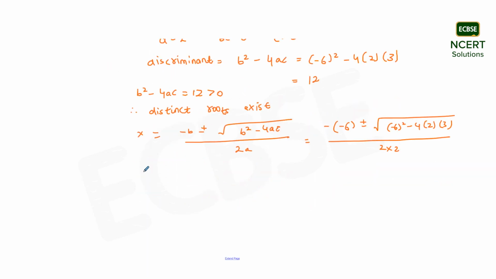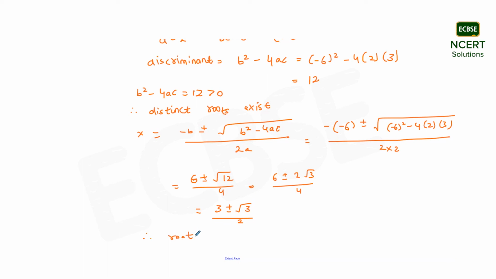So if we solve this, it will be equal to 6 plus minus root 12 divided by 4, which can also be written as 6 plus minus 2 root 3 divided by 4. If we take the signs separately, plus minus, and also cancel the common term from the numerator and the denominator, here I'll be getting 3 plus minus root 3 divided by 2.